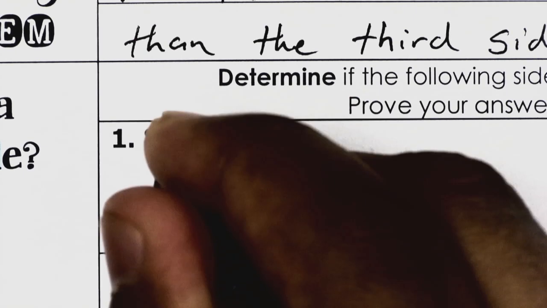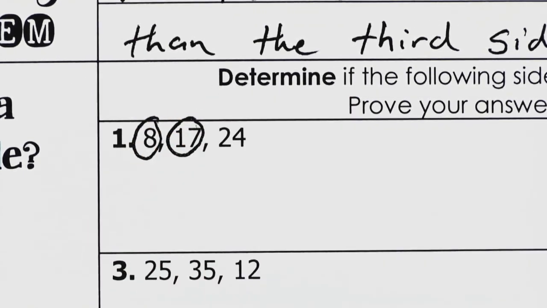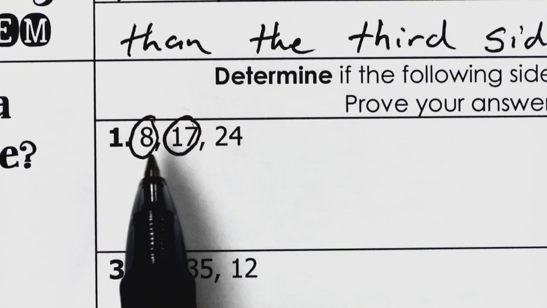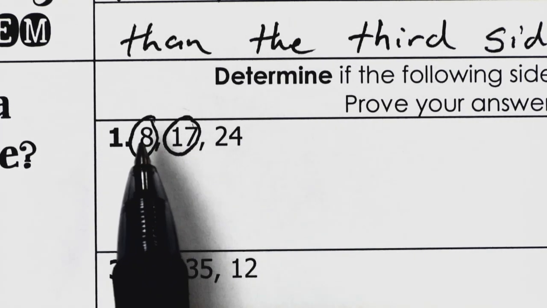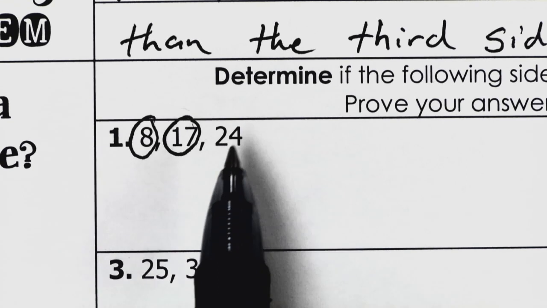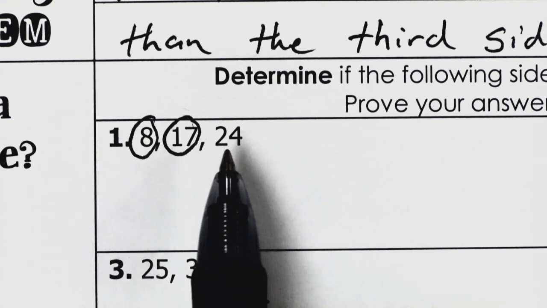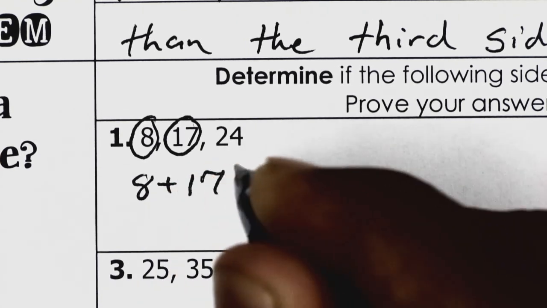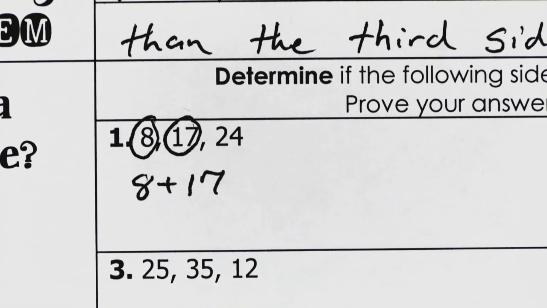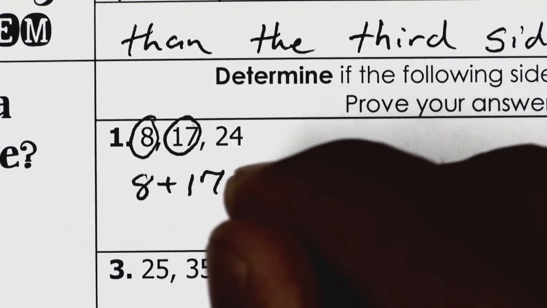So in order for this theorem to work, I have to add these two numbers together, and whatever their sum is, it has to be a bigger number than 24, okay? So 8 plus 17 yields 25.